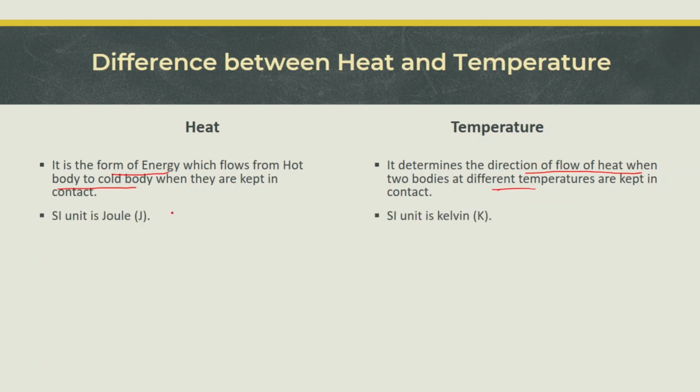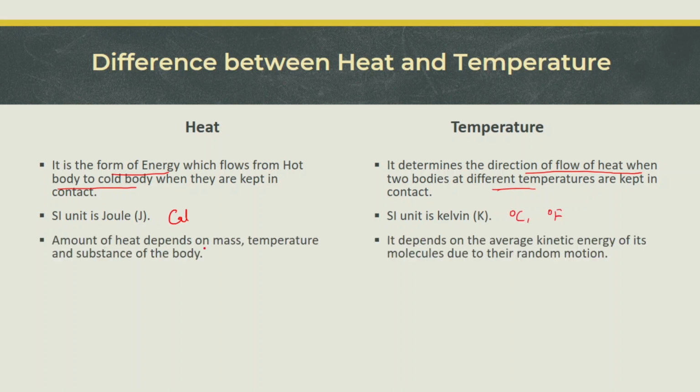The SI unit of heat is joule, and we have also talked about calorie. For temperature, the SI unit is Kelvin, along with degree Celsius and degree Fahrenheit. The amount of heat will depend on mass, temperature and the substance of the body as seen in the last slide. And temperature depends on the average kinetic energy of the molecules due to their random motion.